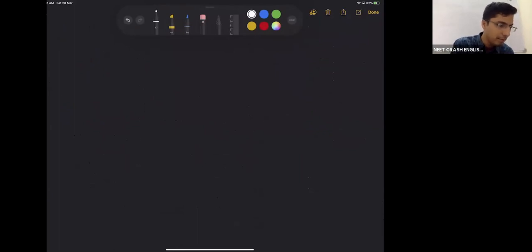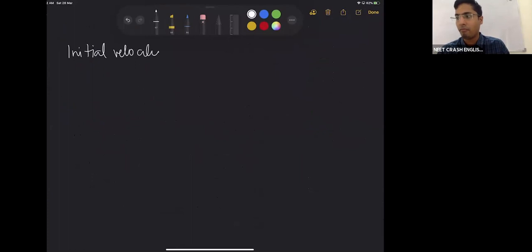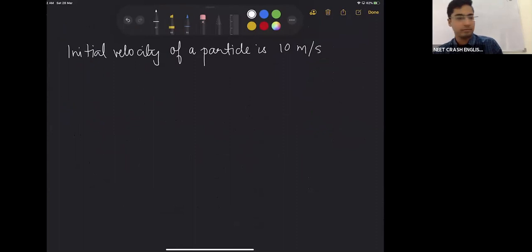Let me pick up a nice problem for you. The initial velocity of a particle is 10 meters per second. Its retardation is 2 meters per second square.